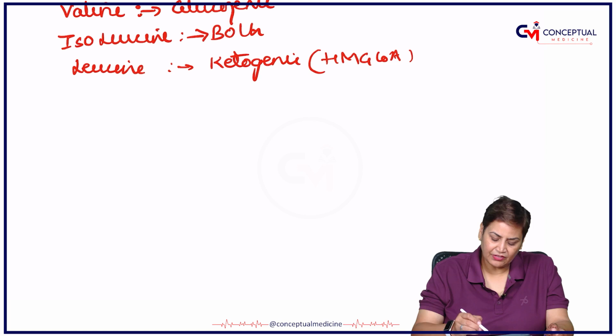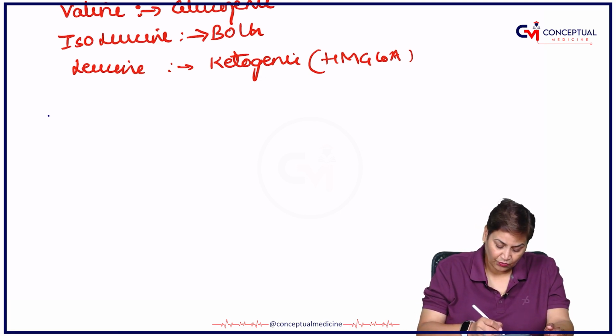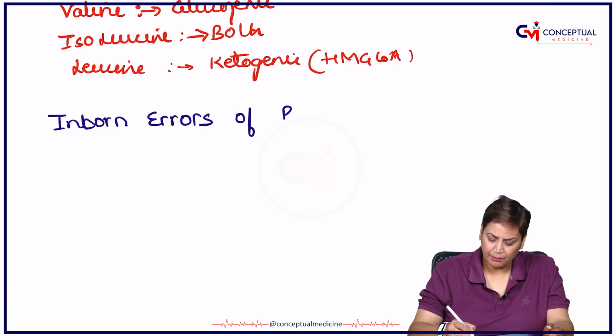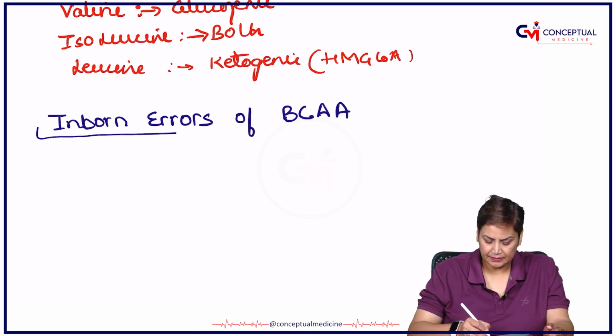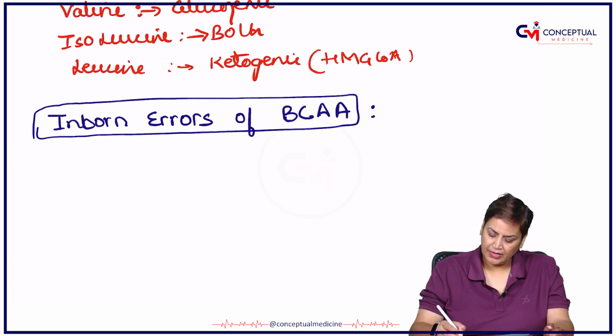Then the third category which we study is the inborn errors of metabolism associated with this. So what are the inborn errors of branched chain amino acids? Right.